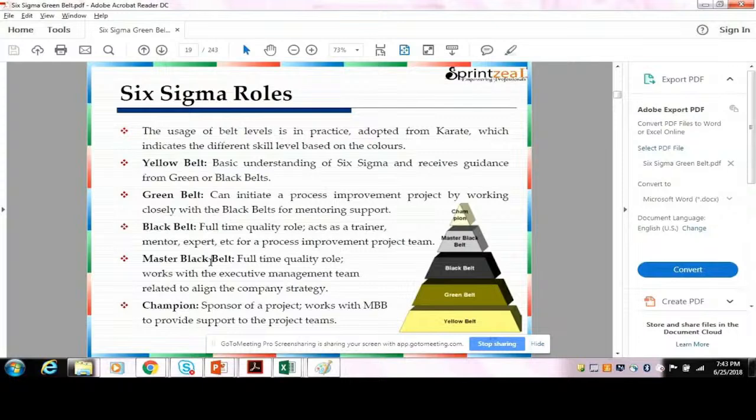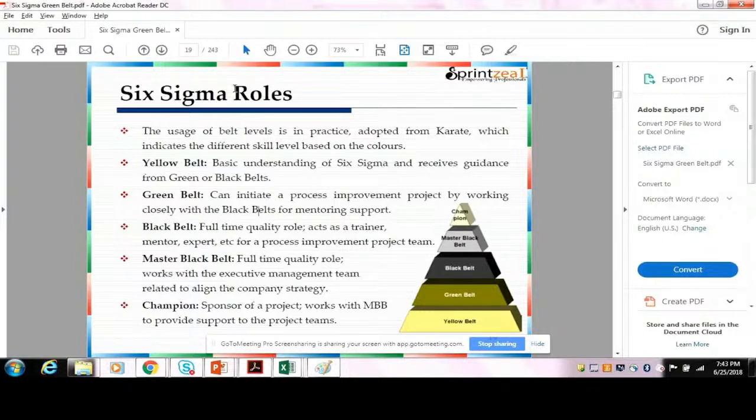In my location, we have none of them. I would be the only Six Sigma person here. Oh, perfect. So it's going to be an easy route for you from green belt to MBB. Great. So you don't have a yellow belt there? We do not. Okay. All right.